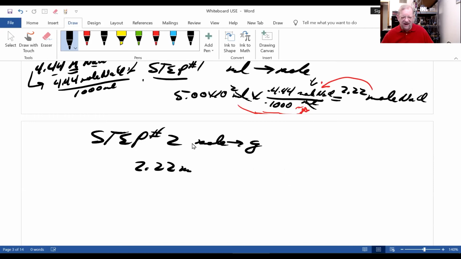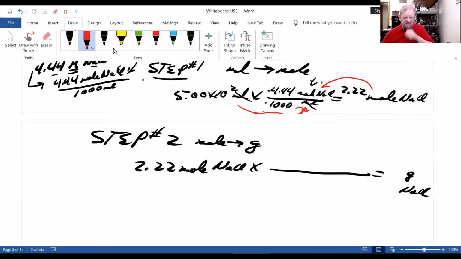Well, I just figured out how many moles. I want to get to grams of sodium chloride. I use my good buddy, my good friend, unit analysis. Whatever I'm trying to get to goes on top, unit-wise. Whatever I'm trying to get rid of goes underneath.